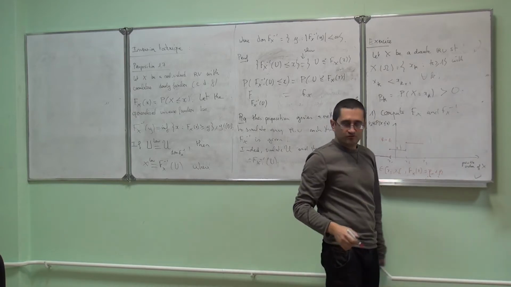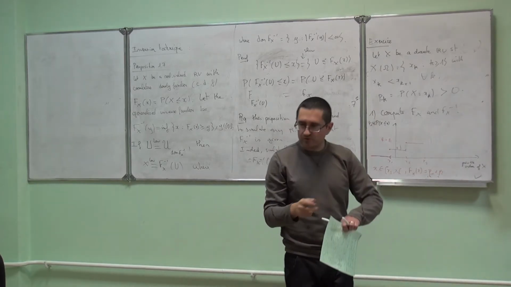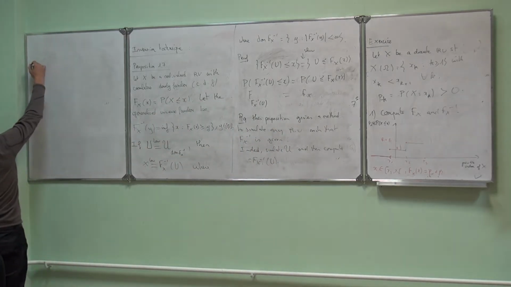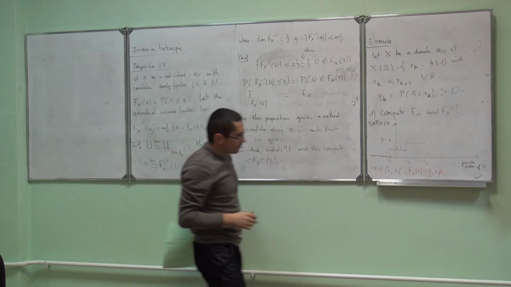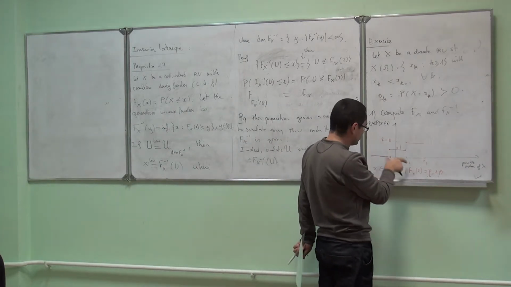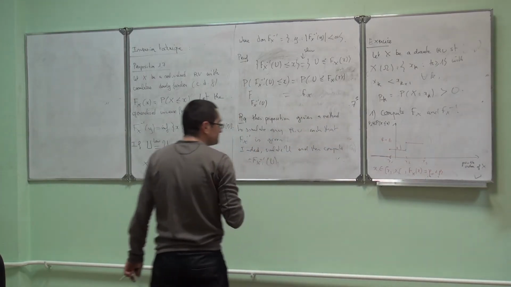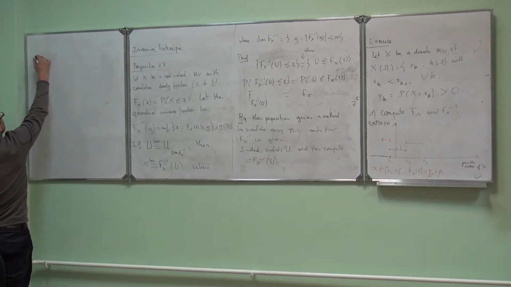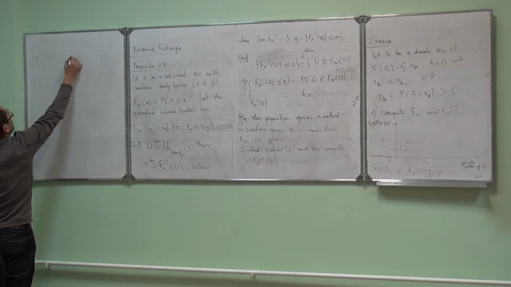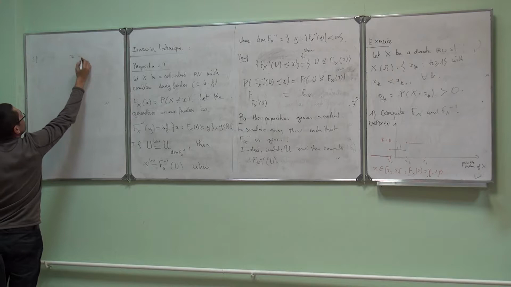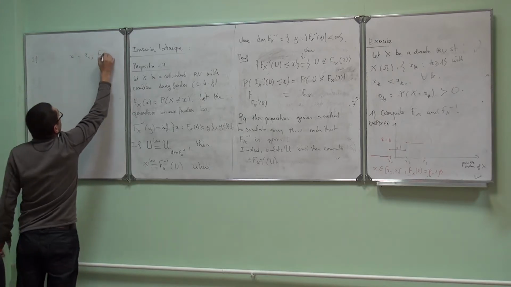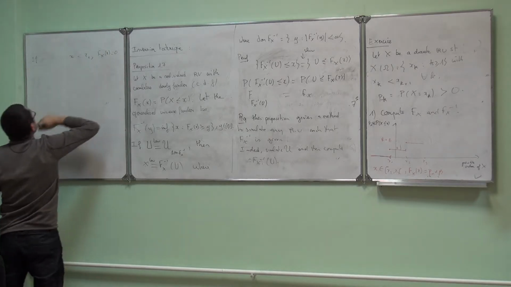And then you can pursue like this, so that you get a general expression, which depends on where x is. Okay? So, first case, of course, if x is strictly less than x1, Fx(x) equals 0.